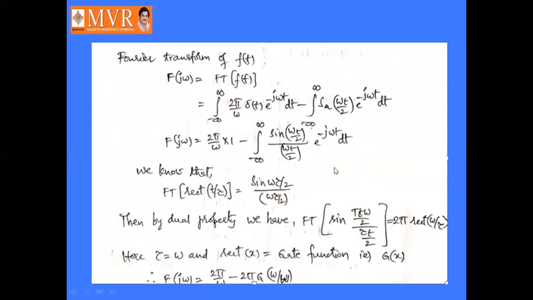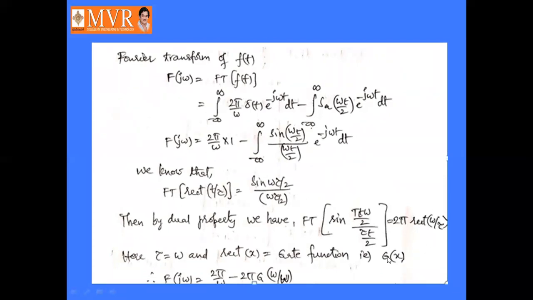We know that the Fourier transform of the rectangular function of t by tau is sin of omega tau by 2 by omega tau by 2. So by the duality property we have the Fourier transform of sin of tau t by 2 by tau t by 2 equal to 2 pi into the rectangular function of omega by tau.